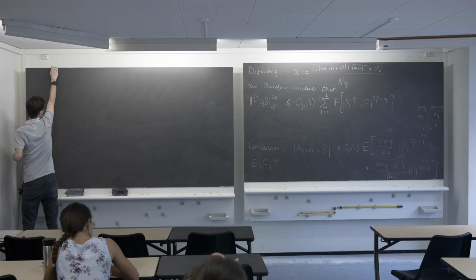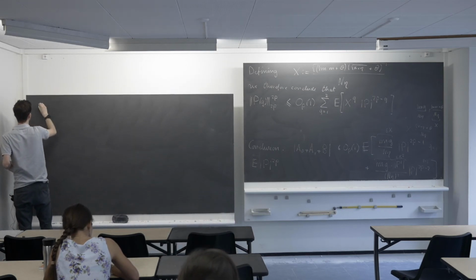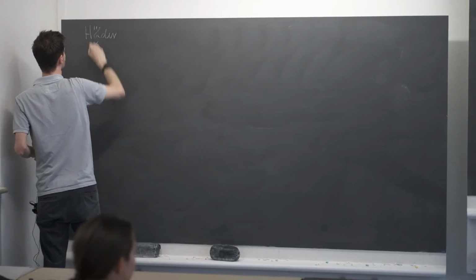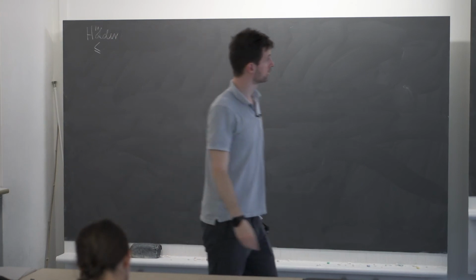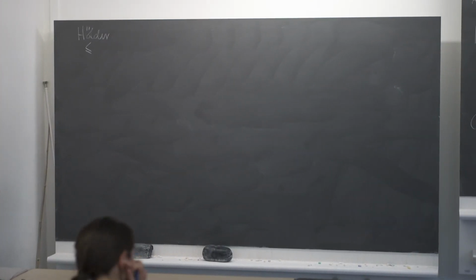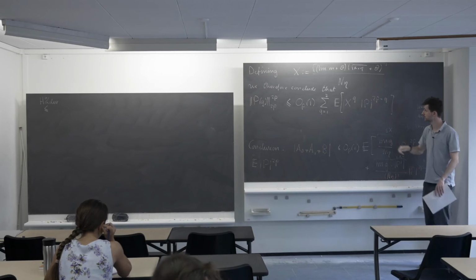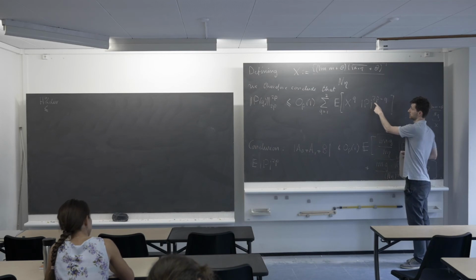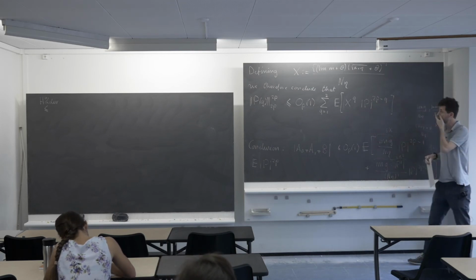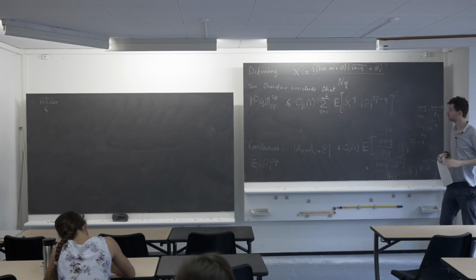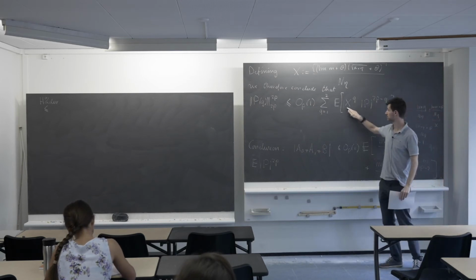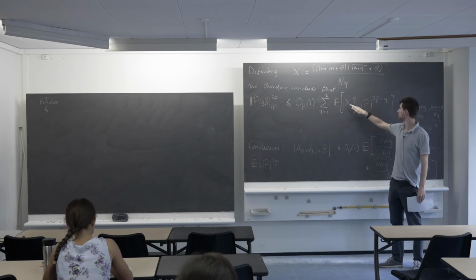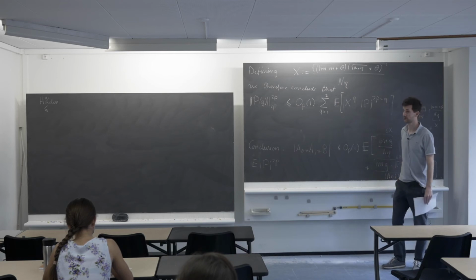Let's apply Hölder's inequality to this thing here. Now you see the sum of the exponents amounts to 2p, right? So using Hölder's inequality, we will be able to express this as a product of two factors involving the 2p norm of that guy and the 2p norm of capital P.